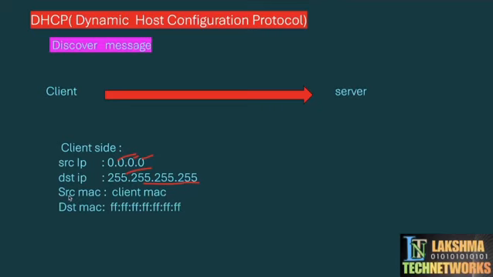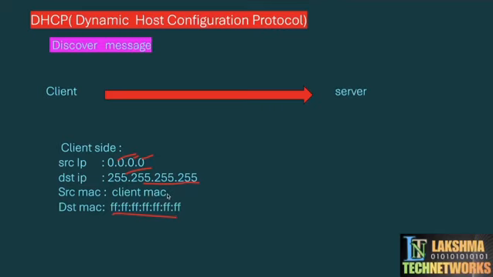We know the source MAC address, the client's source MAC address, which is the MAC address of our PC or host. But we don't know the server MAC address, so it is FFFF. Initially it is a broadcast frame, and it will be sent as FF:FF:FF.